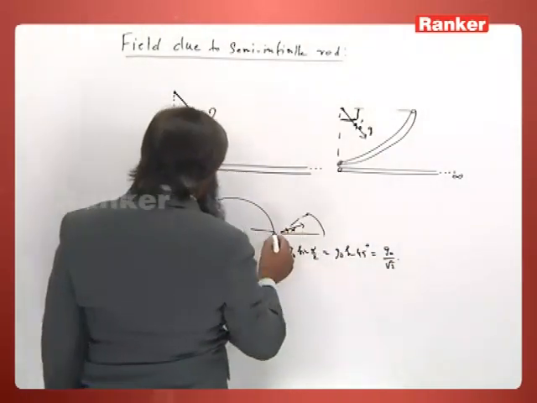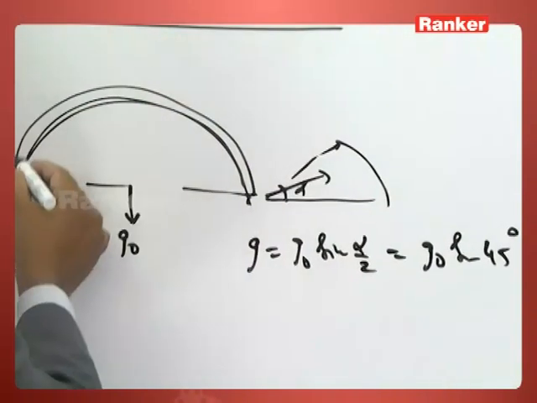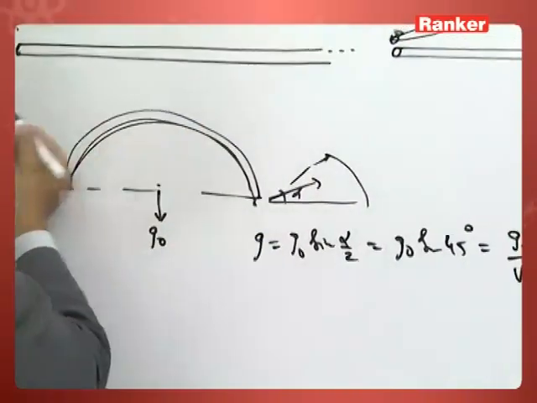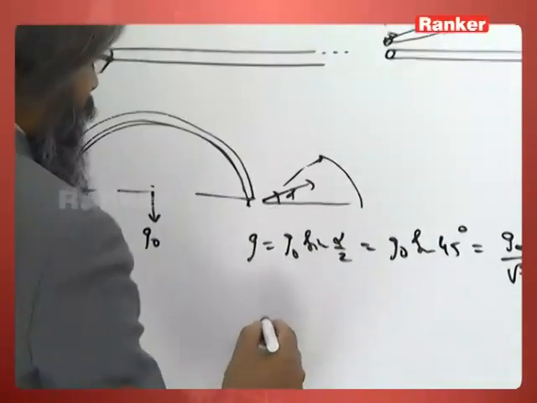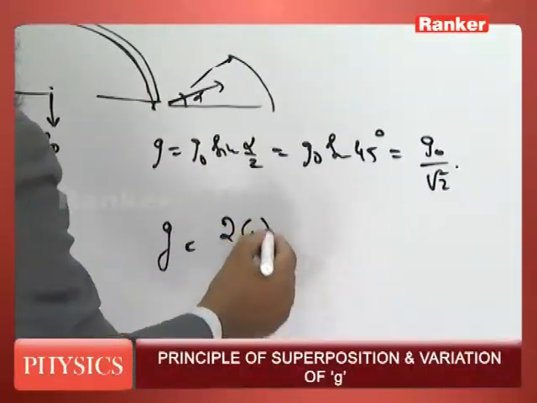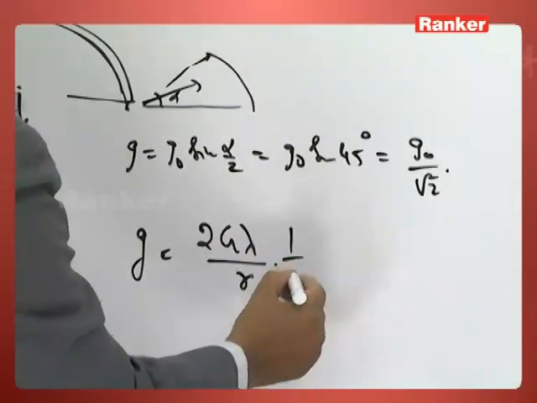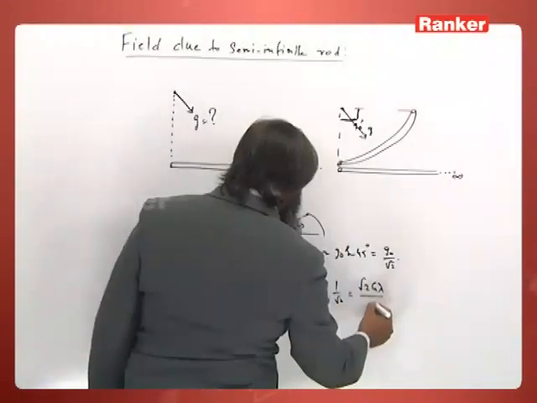Now, what is G naught? G naught is the field due to this whole semi ring at this point. Now, this semi ring and this infinite rod have the same field. So we will write this G naught as 2G lambda by r, and with this 1 by root 2, that becomes root 2 G lambda by r.